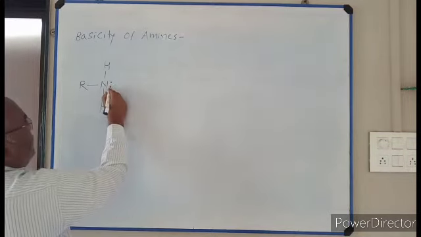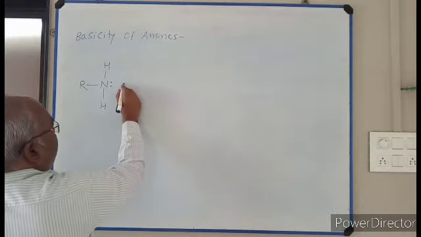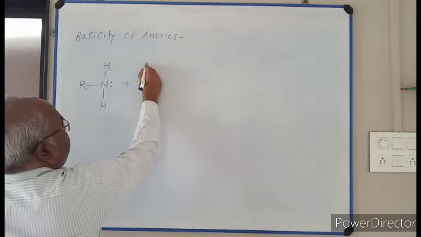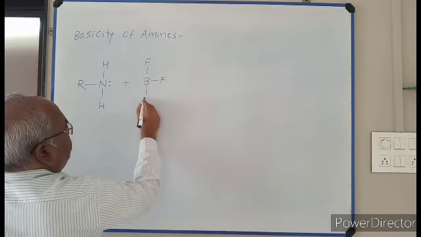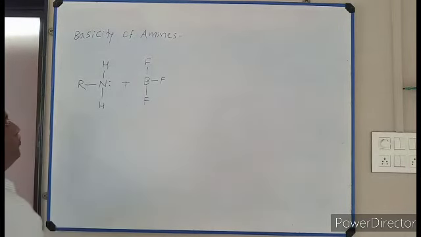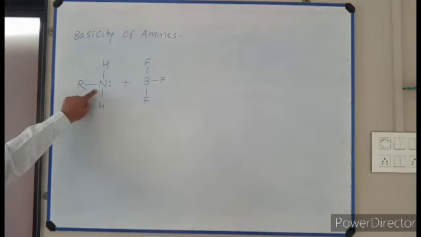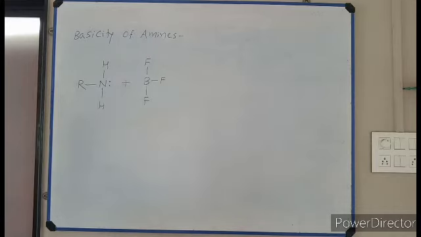The nitrogen atom contains a lone pair of electrons, plus I write here the BF3 molecule, boron trifluoride. This nitrogen shares its lone pair of electrons with this BF3.